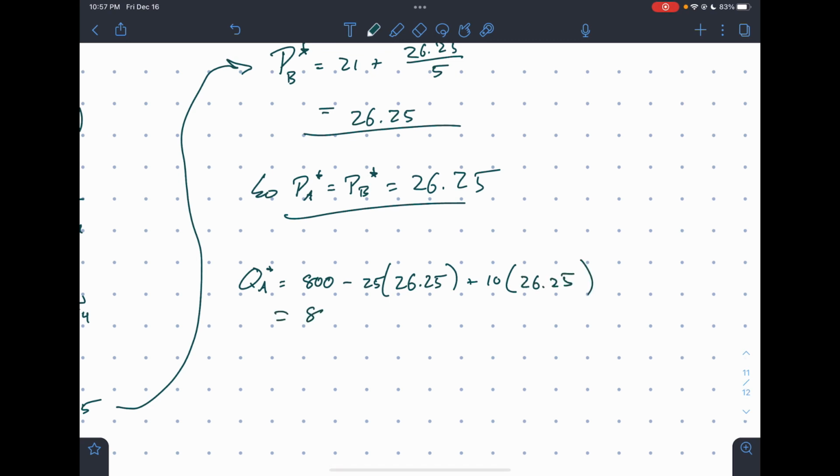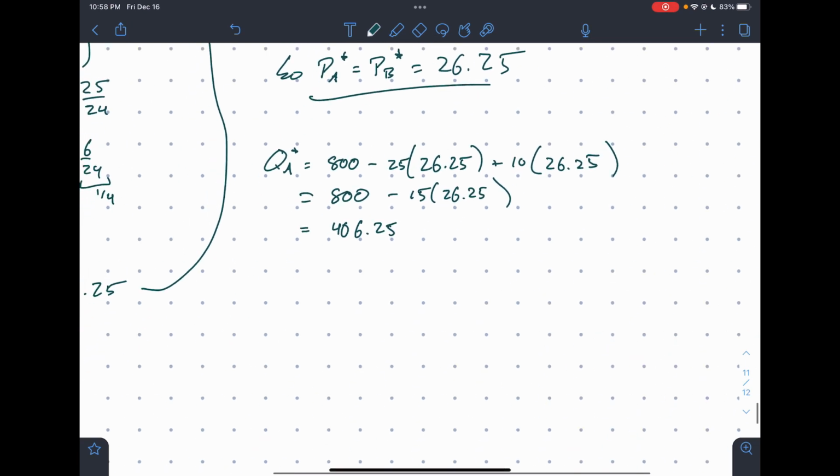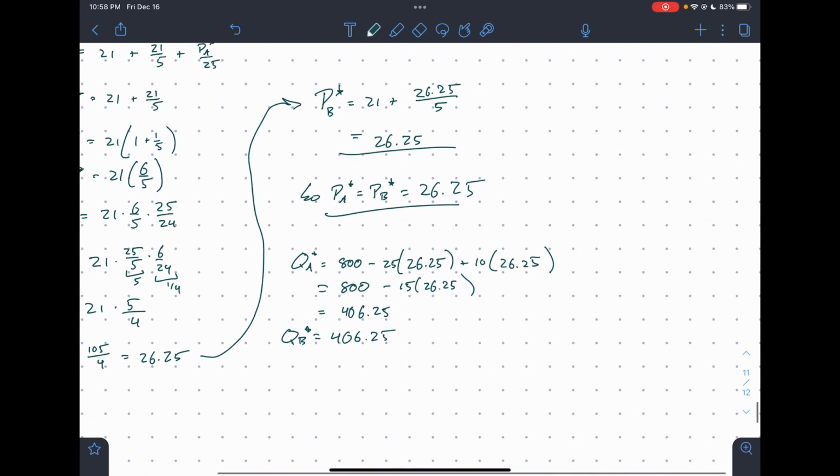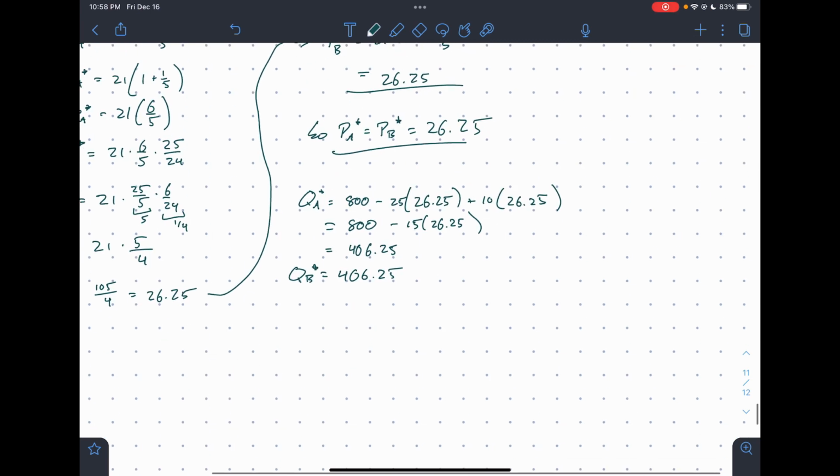So it's 800 minus 15 times 26.25. And this will be like 406.25. Just sparing you the algebra. We'll find QB star, it's going to be the same thing. It's 406.25. You can go through and verify, but it's going to be the same because the prices are the same and the demand structure is the same. Okay.